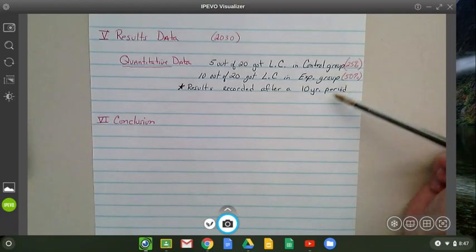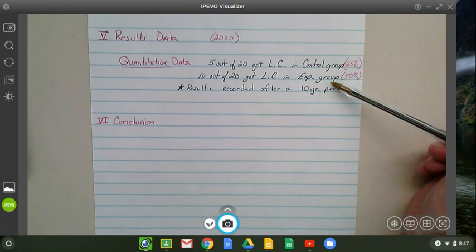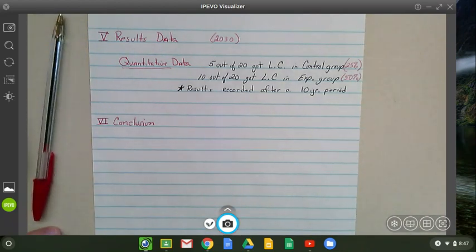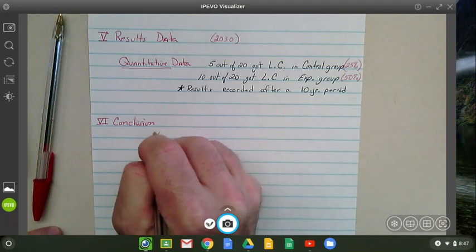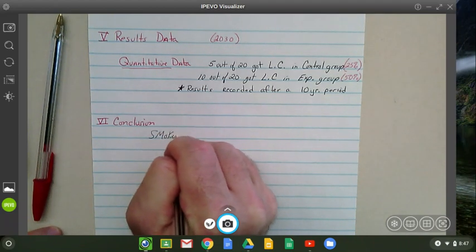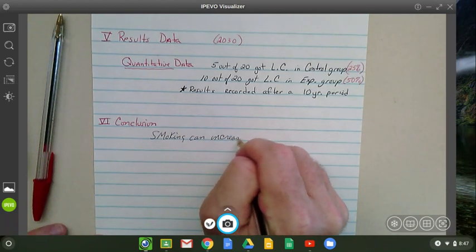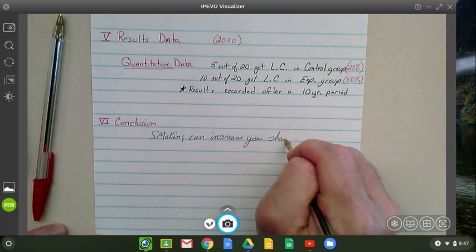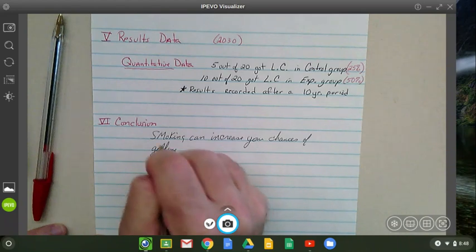So in my conclusion, based on the results of my experiment, I think we can conclude that smoking can increase your chances of getting lung cancer. Based on these results.